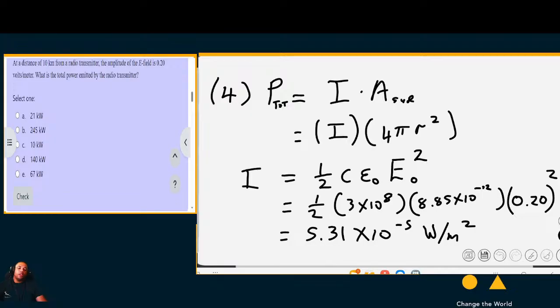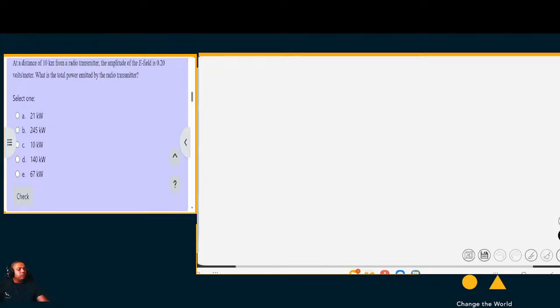Intensity is defined, remember, as power per unit area. So if we want the power, we have to multiply intensity by area, and that is what we do here. The total power is intensity multiplied by area. Okay, I hope that makes sense.